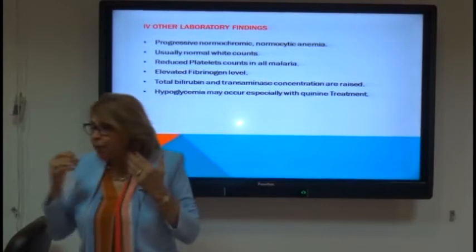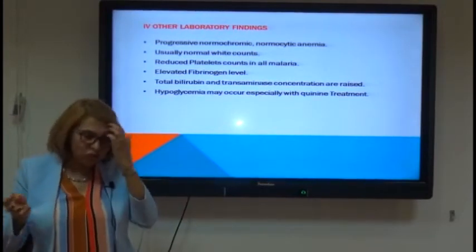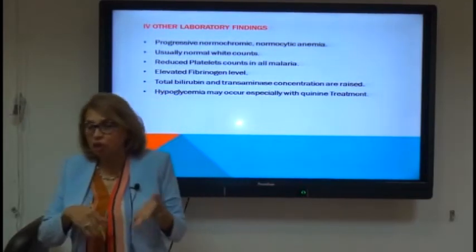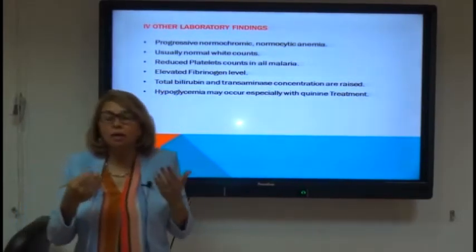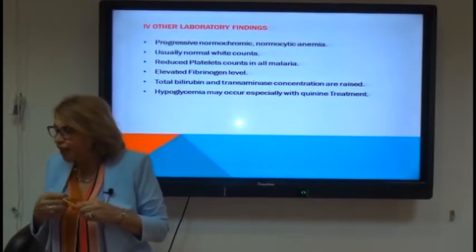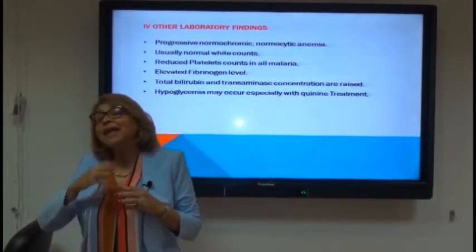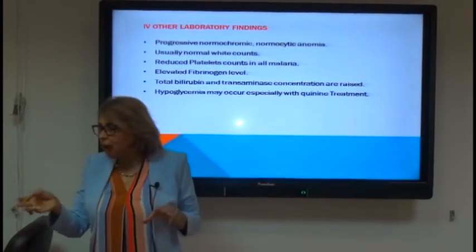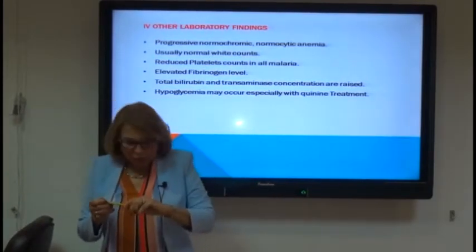So when you think about the laboratory findings, you have to think about the pathology and the clinical manifestation. And in case of quinine treatment, there is hypoglycemia. These are other laboratory findings.